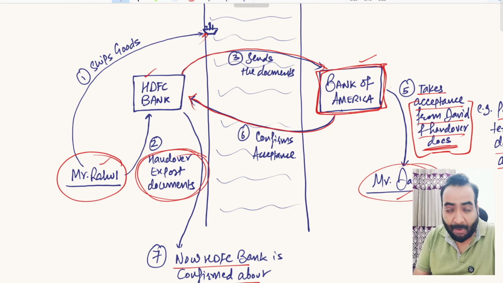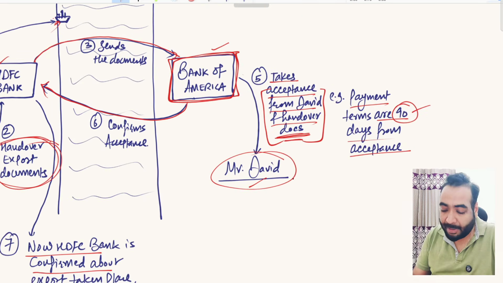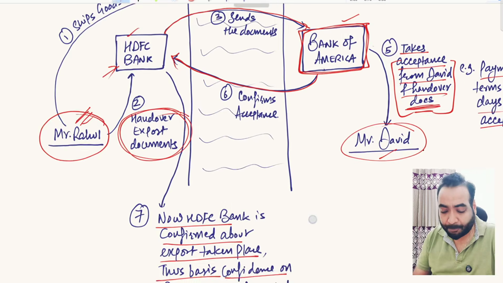HDFC Bank will not provide any financing facility to Mr. Rahul unless and until HDFC Bank is sure that Rahul is a genuine person, doing a good business, his financial numbers are good, his balance sheets are good, his business premises are good, and Rahul has provided adequate collateral security to HDFC Bank as well. After satisfying itself by all of these pointers, only then HDFC Bank will be ready to finance Rahul for this 90 days period.